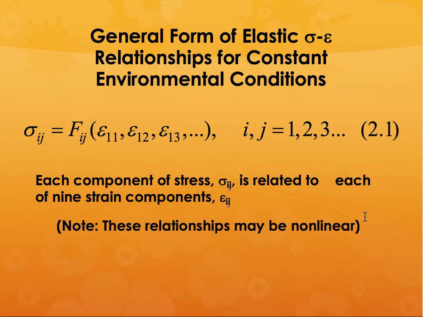This can be presented in a general form as sigma ij, where ij can be any point in the x and y plane, and it can be represented in terms of epsilon 11, epsilon 12, epsilon 13, etc. These are all the different strains in the individual directions.